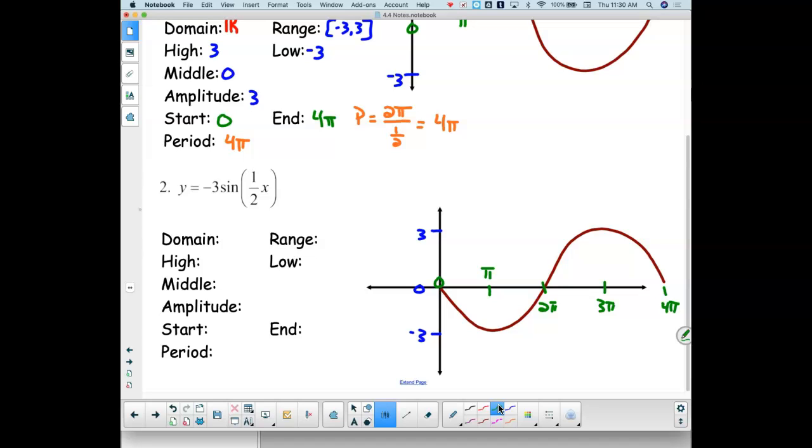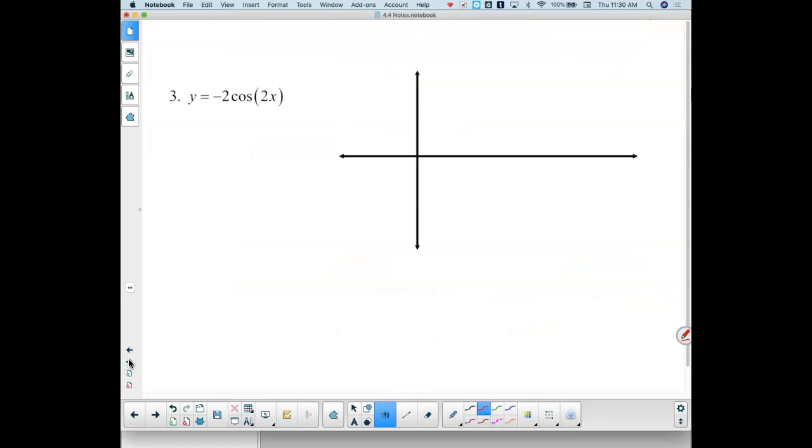Everything else stayed the same. Love it. One last one to do.